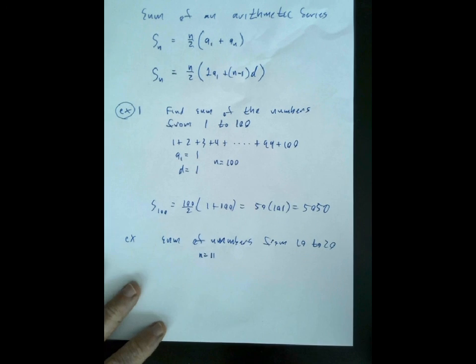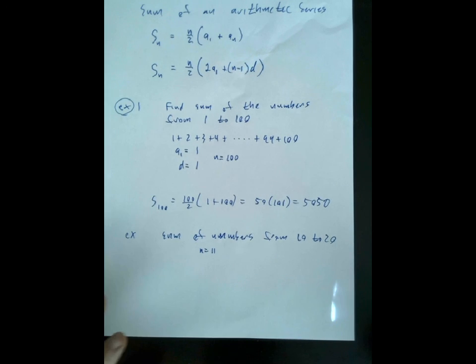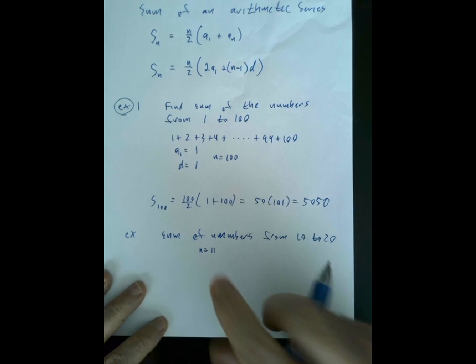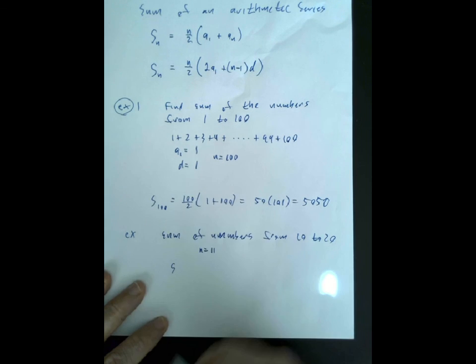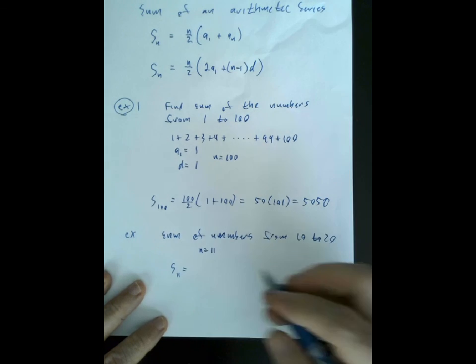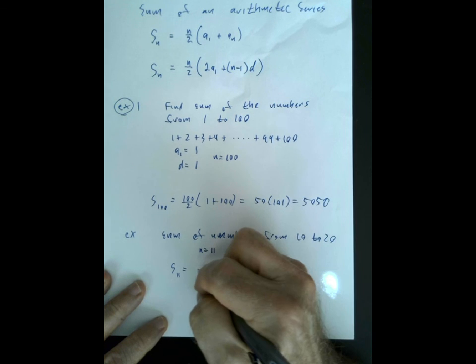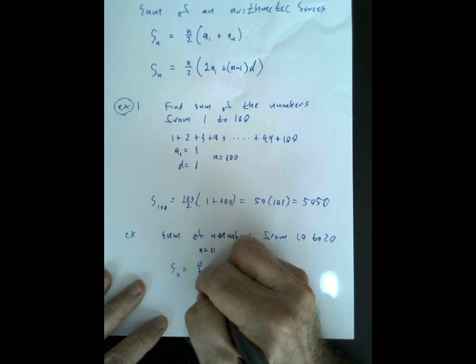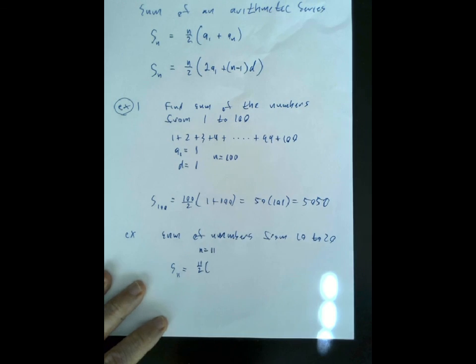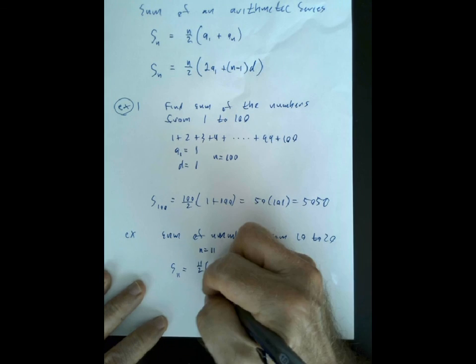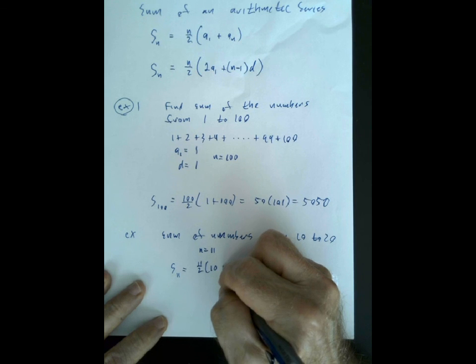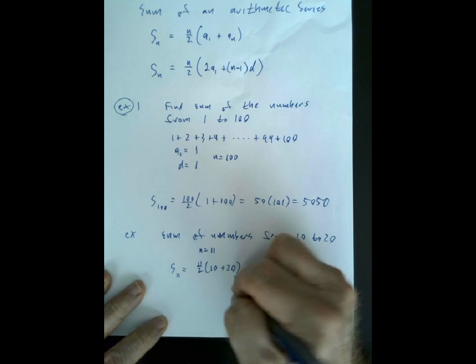And so S sub 11, because there are 11 numbers, is going to be 11 divided by 2 times 10 plus 20.